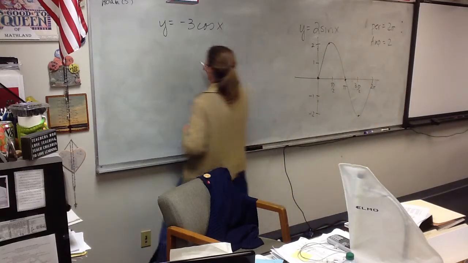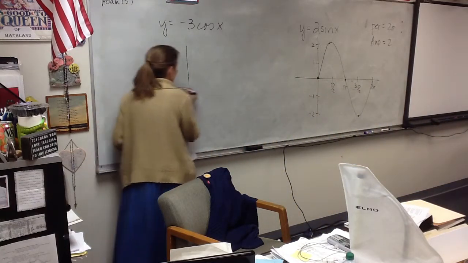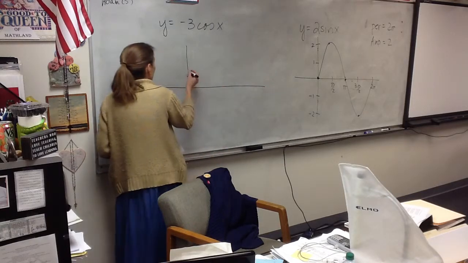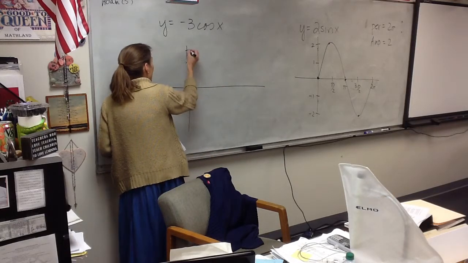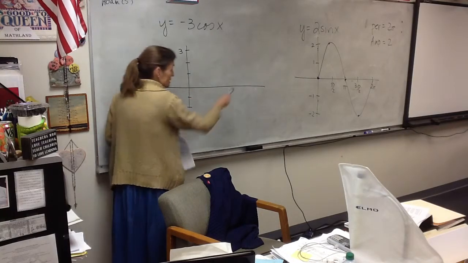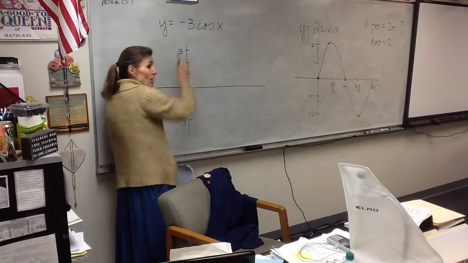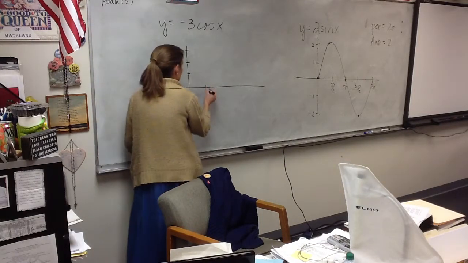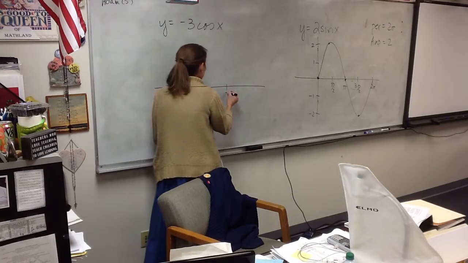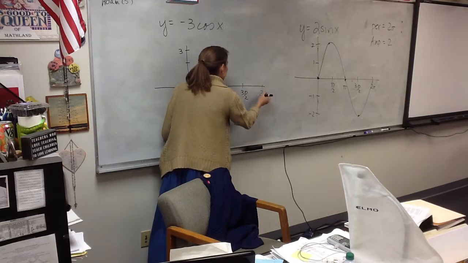I think if you're paying attention and not chatting, you know that now we're going to go up 3 and down 3, just like that one went up 2 and down 2. This one's going to go up 3 and down 3. Have the same labels as we always do until we change them.